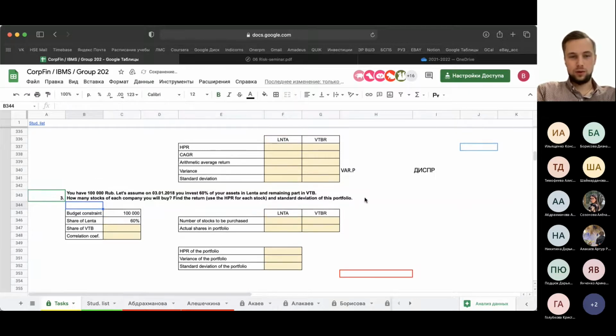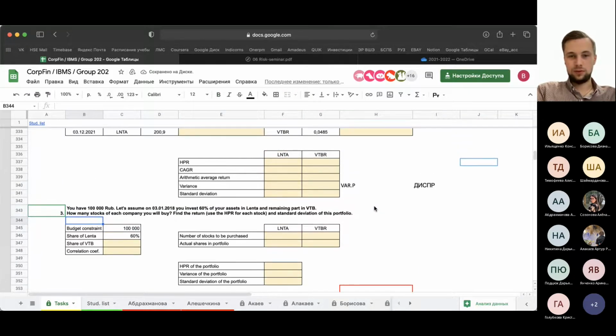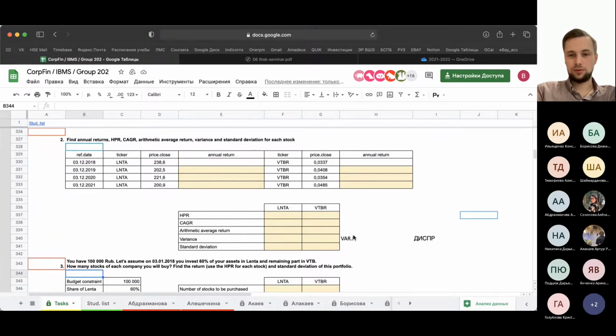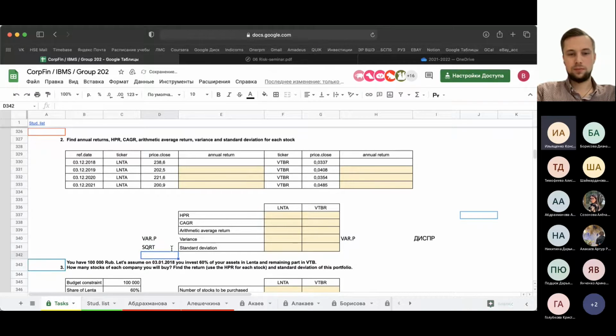While you are calculating, I will try to calculate the variation by hand. I found a mistake: I forgot to fix the cell with the arithmetic average.